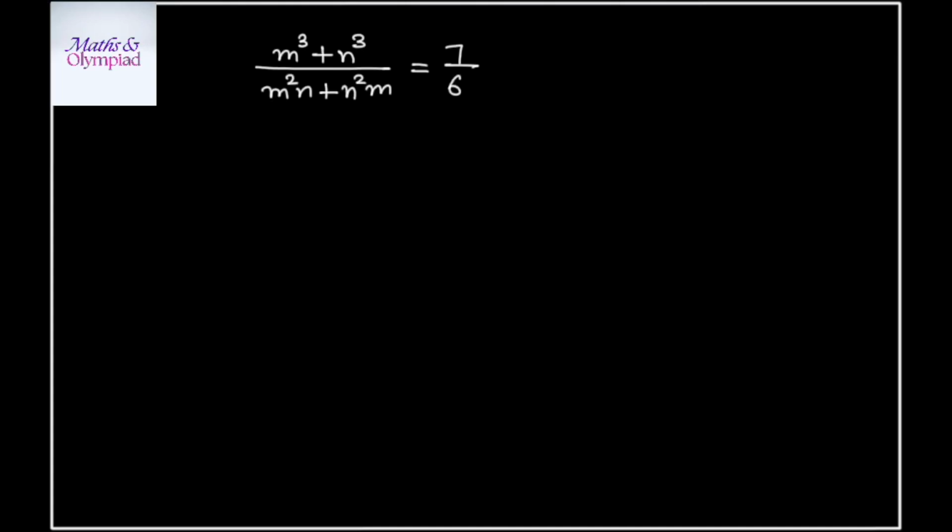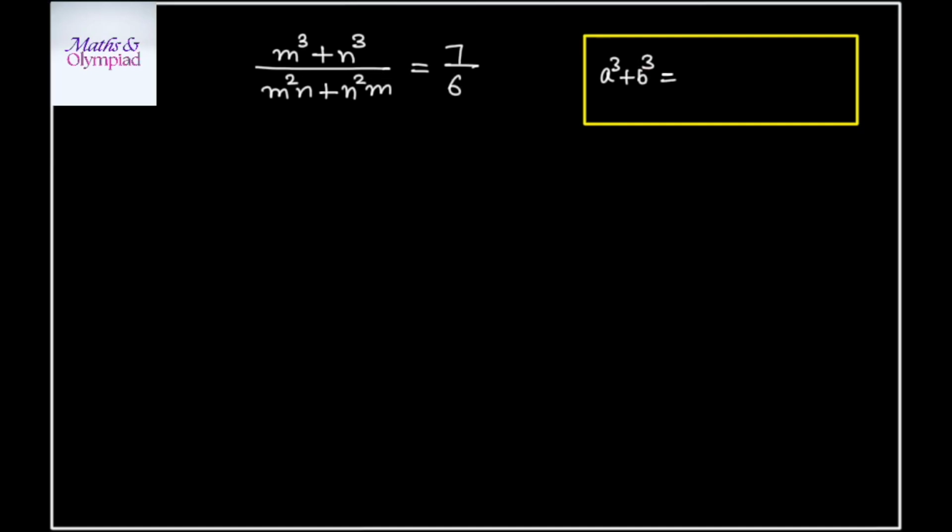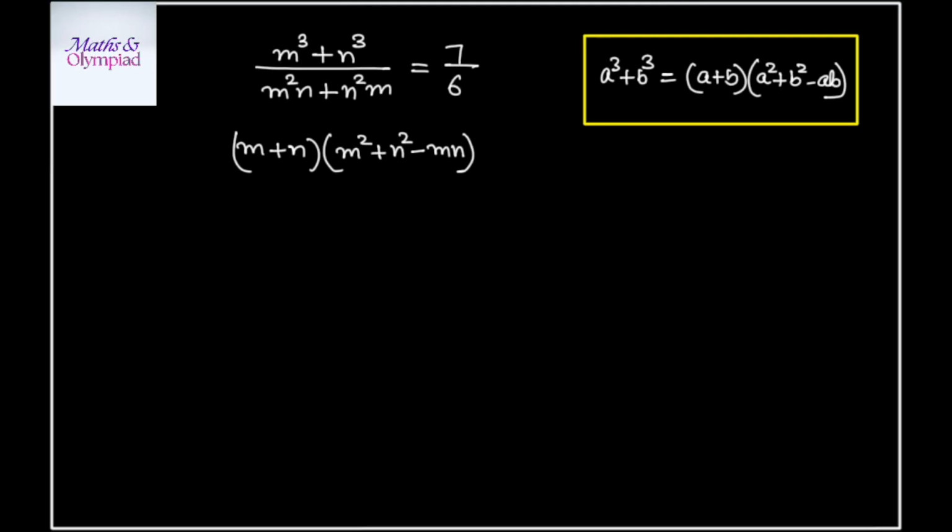Now I will use the algebraic identity for a cube plus b cube in the numerator, which says (a plus b) times (a square plus b square minus ab). So I can write (m plus n) times (m square plus n square minus mn) over m square n plus n square m equal to 7 over 6.